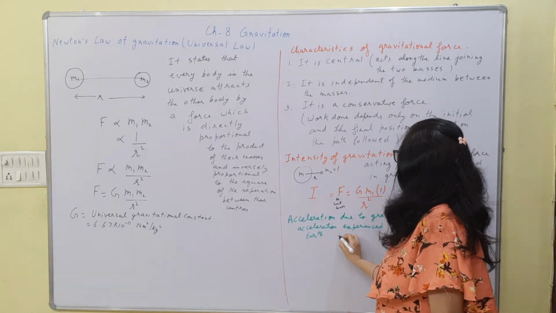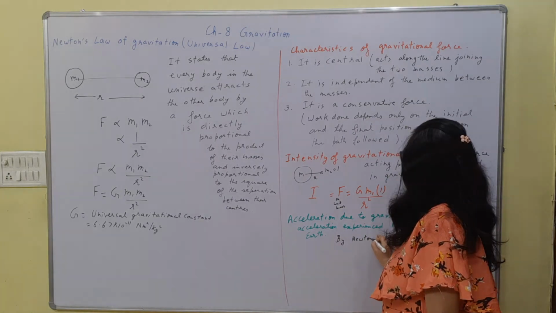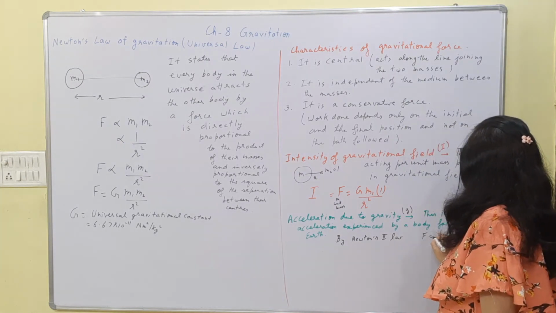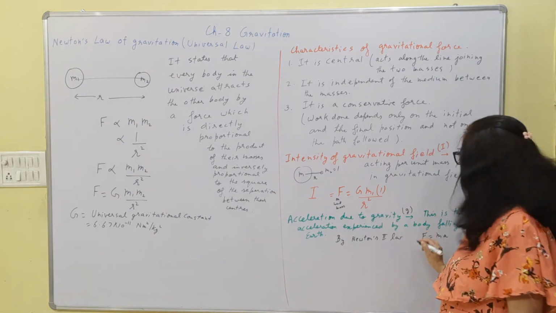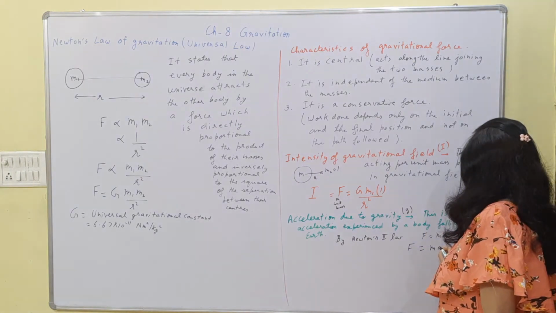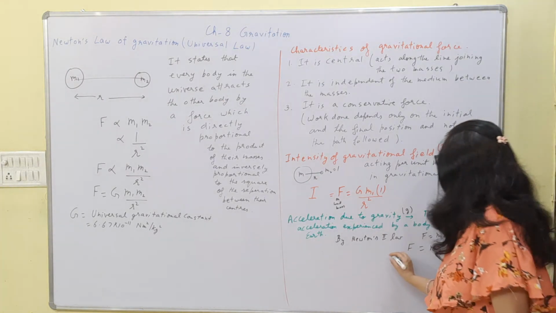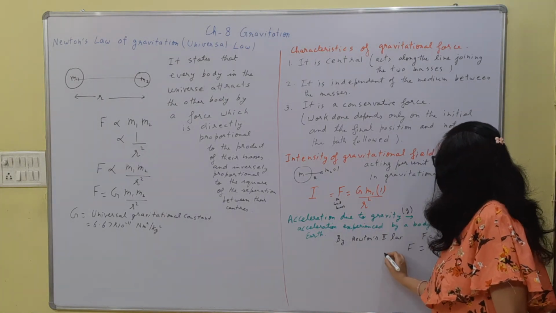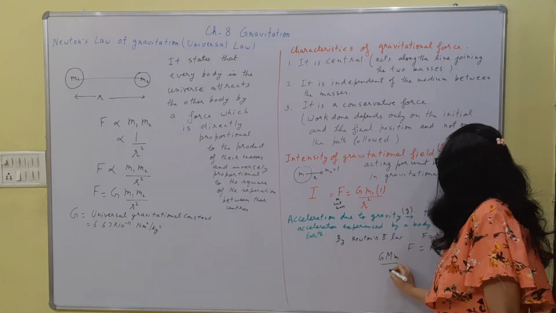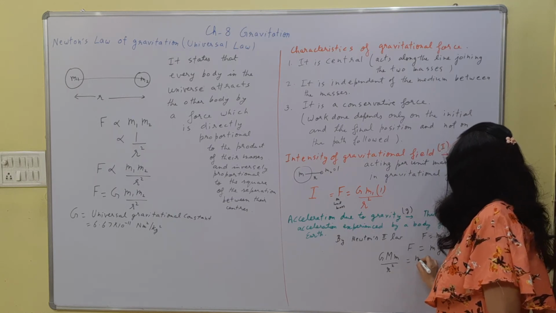We can say by Newton's second law, force is equal to ma. So here we can replace a by g, and we know that this is the gravitational force. So this will be G, mass of Earth, mass of that body, upon separation between the two whole square.